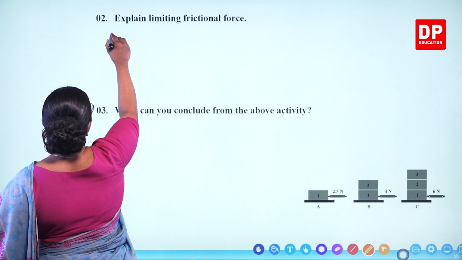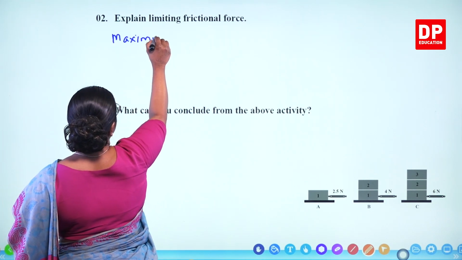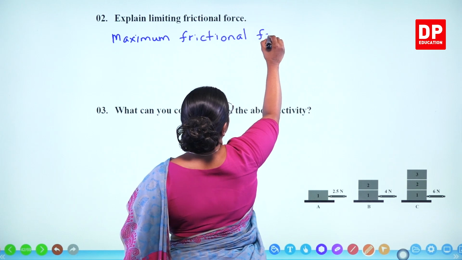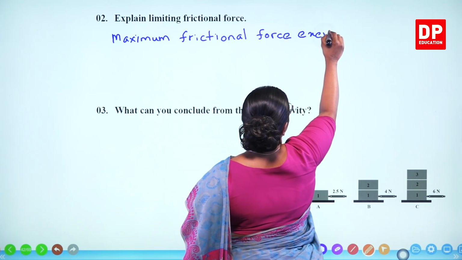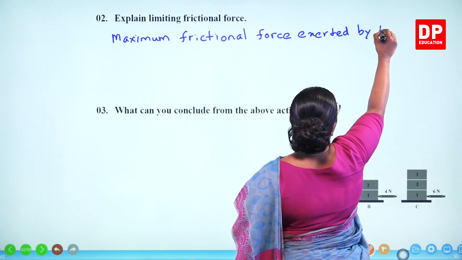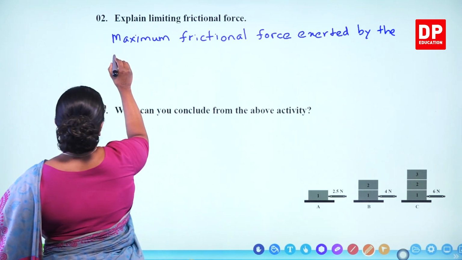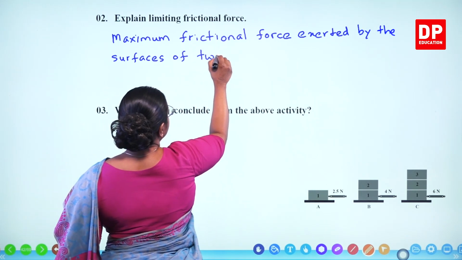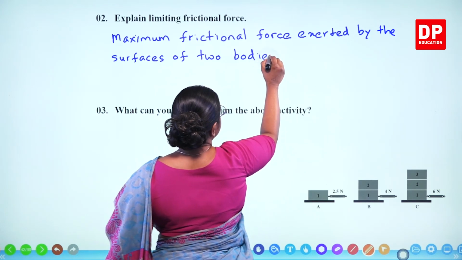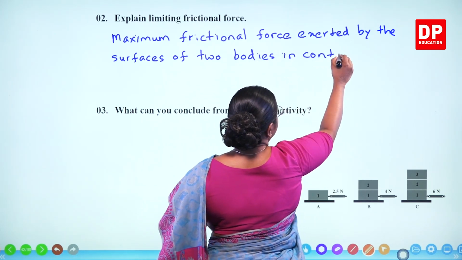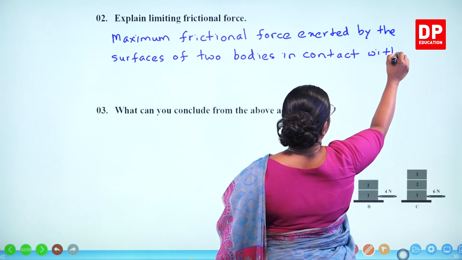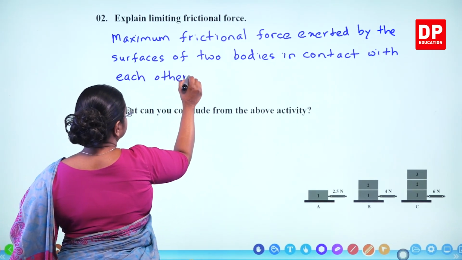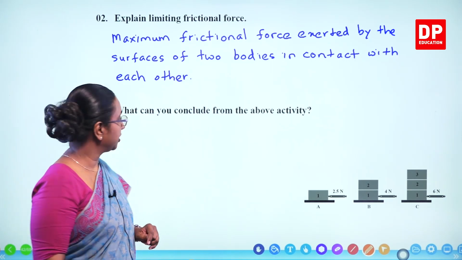So here it is the maximum frictional force exerted by the surfaces of two bodies in contact with each other. So that is the limiting frictional force.